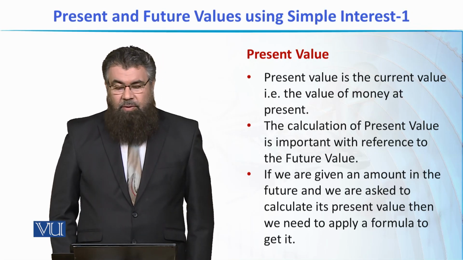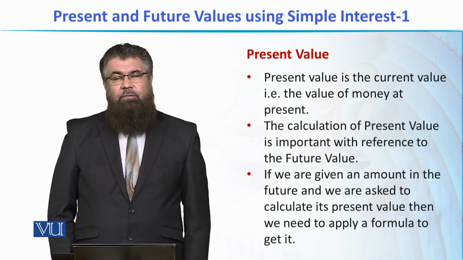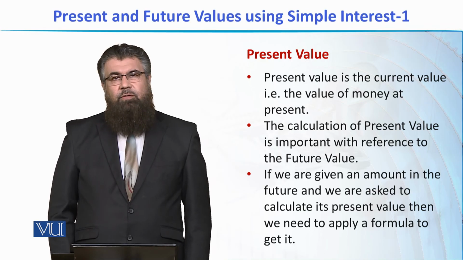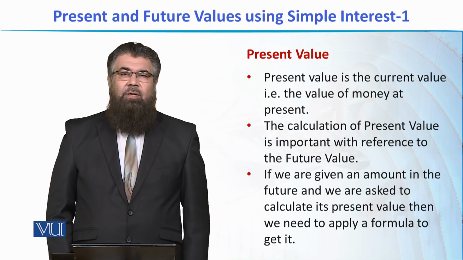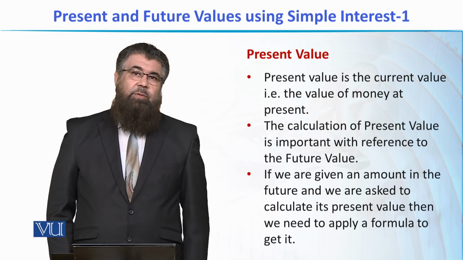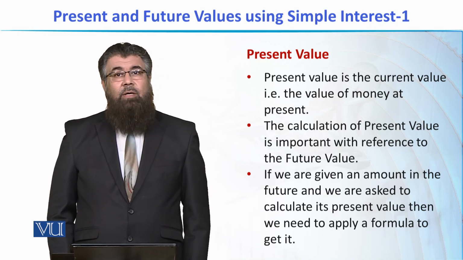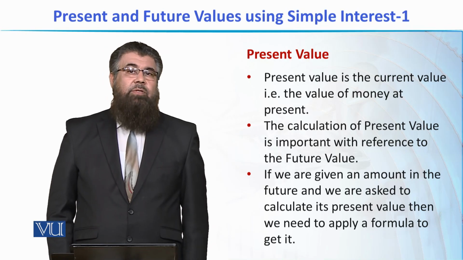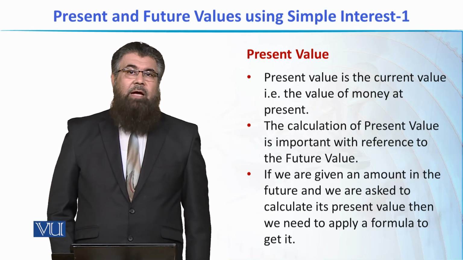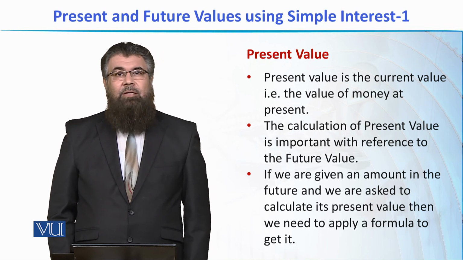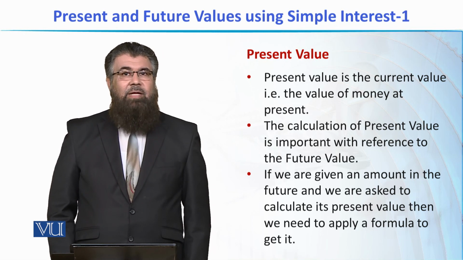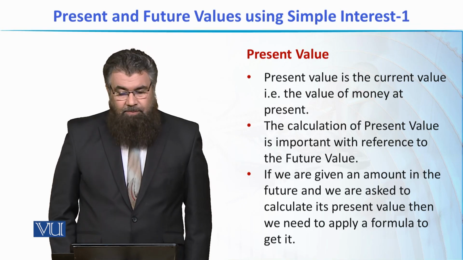and see what is the worth of that amount today. So when we are calculating the present value with reference to a future value, we need to deduct the amount of interest that is there in the future value, because we say that future value is nothing but principal plus interest. So if we are going back from the future to the present, we need to deduct the interest that is there in the future value from it to get the present value.